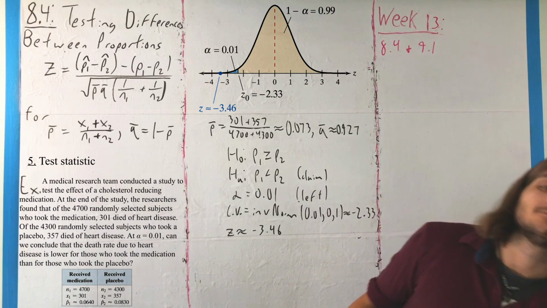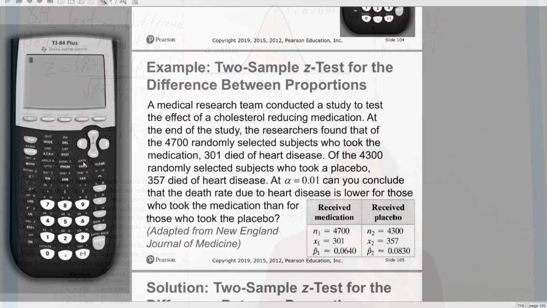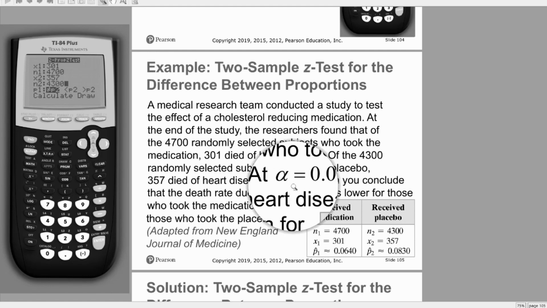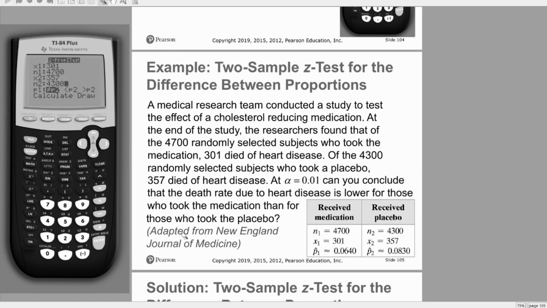To be sure, though, we can then use that 2-proportion z-test computation in the calculator and run that on this. We have to be very careful with the p's, because there's the p for the probability, there's the p for the proportion, there's the p hat for the other proportion, then there might even be the p bar for the other proportion.